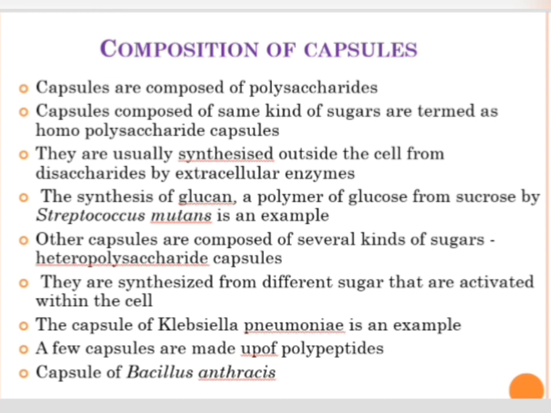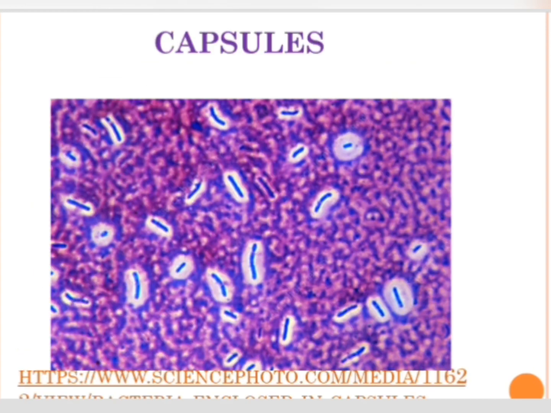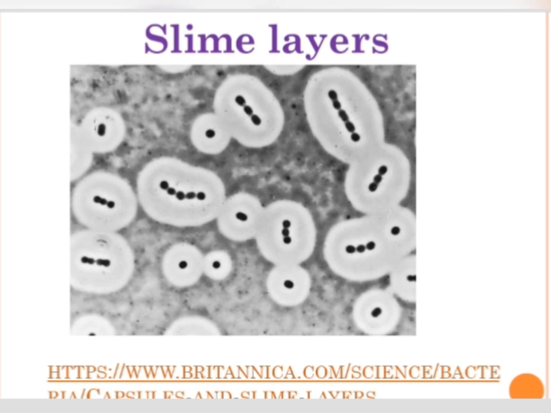This is the diagram of capsule-possessing bacteria. Here the violet colored lines are bacteria, and the white layer covering these bacteria is the capsular layer that is surrounding the cell wall. And this is the photograph of slime layered bacteria.